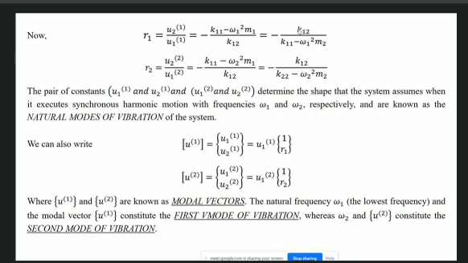Similarly, if the system vibrates with the frequency omega 2, then it will automatically maintain the second mode shape. Or, in other words, you maintain the second mode shape at the initial position, and then you release it, so it will keep on vibrating, maintaining the same shape, and the frequency will automatically be omega 2.